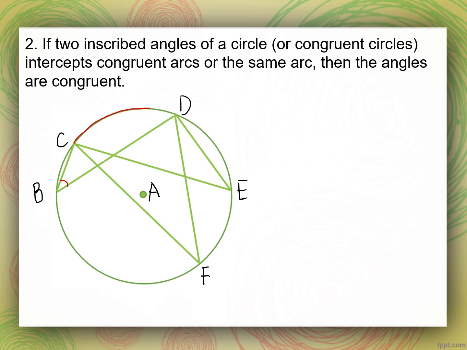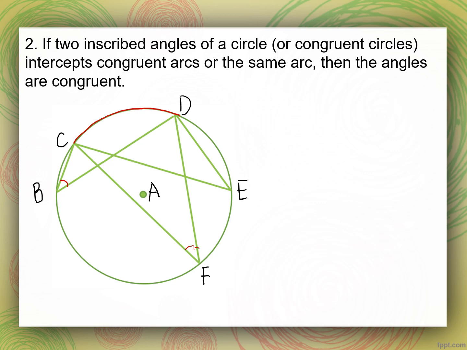This arc. Now if you check angle CFD, this one, angle CFD is also an inscribed angle and it also intercepts the same arc, which is arc CD. You can check it by finding the endpoints of your angles. As you can see, CD.